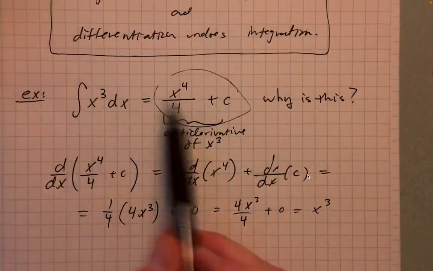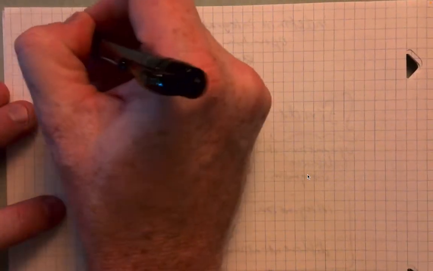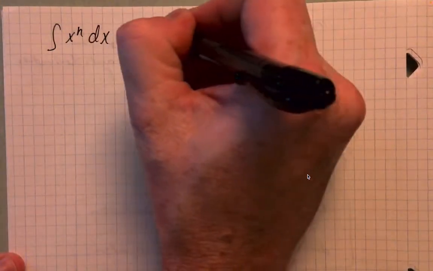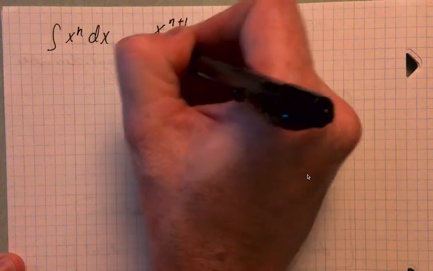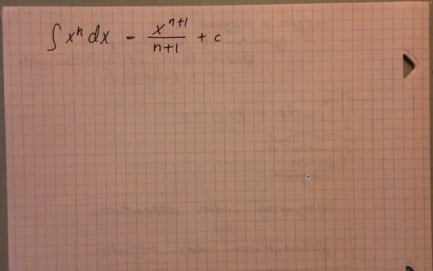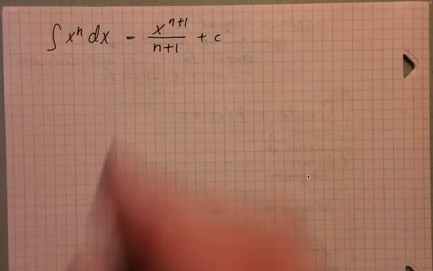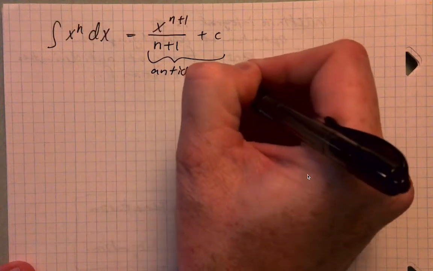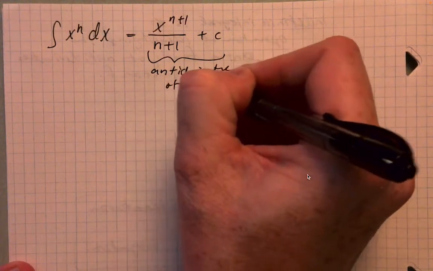But this formula can be generalized easily. We could take the more general statement and say the integral of x to the n dx is equal to x to the n plus 1 over n plus 1 plus some constant of integration, for the exact same reasons: that this is an antiderivative of x to the n.